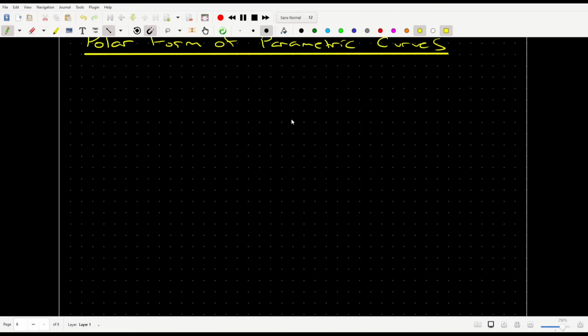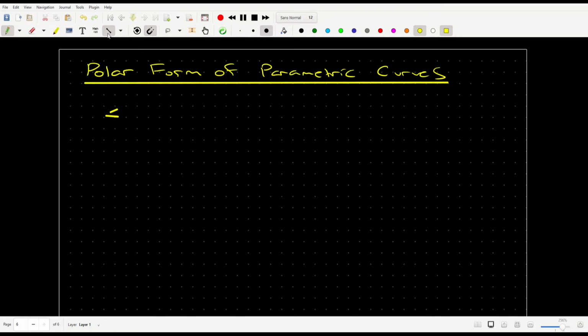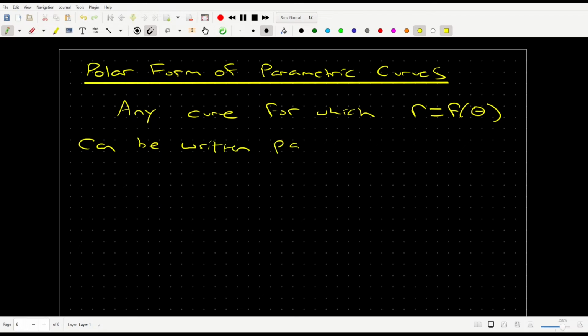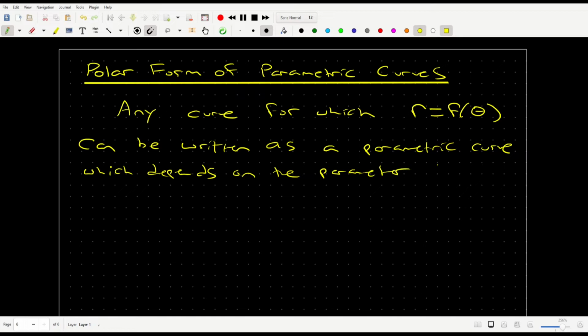And the main idea here is that any curve for which we have r as a function of theta, the angle theta, in its polar form, can be written parametrically, or as a parametric curve, which depends on the parameter theta.